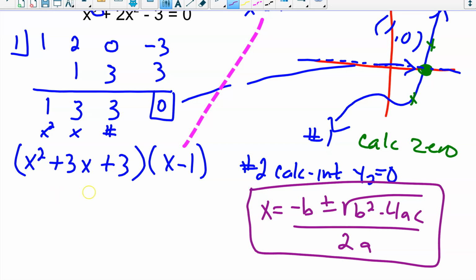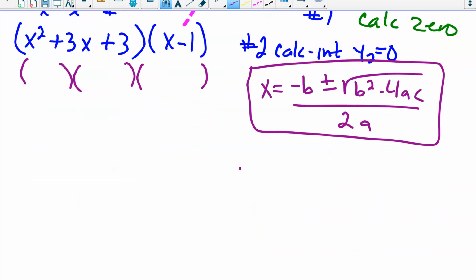So this is a trinomial. And using the quadratic formula, because this should end up to be 2 factors, right? And we have to figure what those are, and the directions say to use the quadratic formula. So if I did that, my A is 1, B is 3, and C is 3.